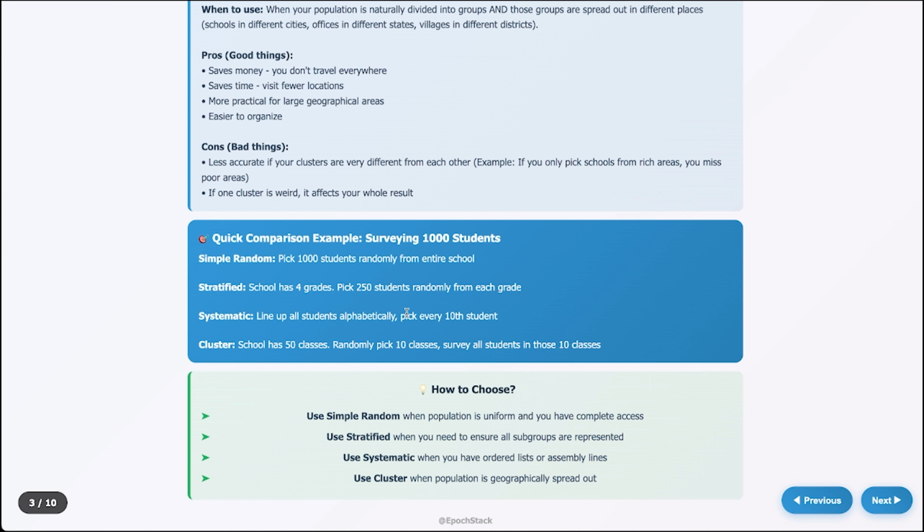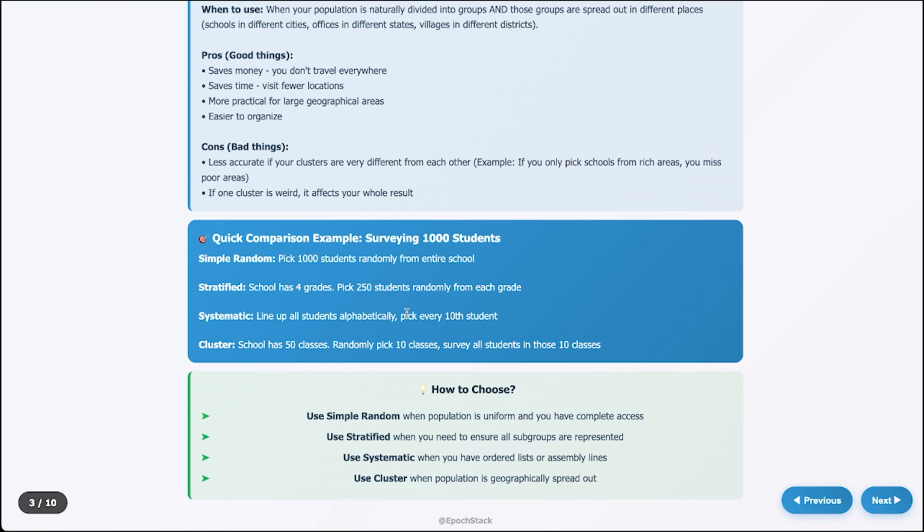Now coming to systematic sampling. This sampling is used when you have the data in order, maybe students arranged in alphabetical order, or files in the computer arranged alphabetically. In that case you will use systematic sampling.